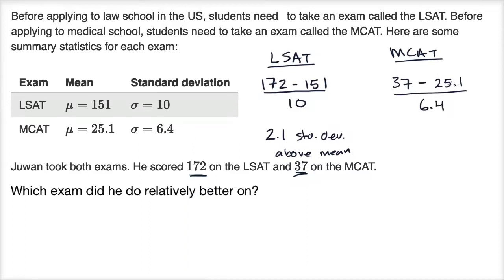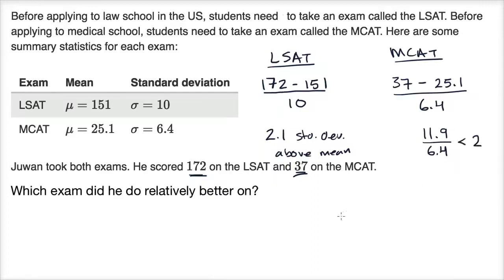So let's see, 37 minus 25 would be 12, but now it's going to be 11.9. 11.9 divided by 6.4. So without even looking at this, this is going to be a little bit less than 2.